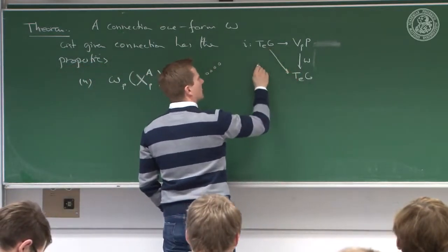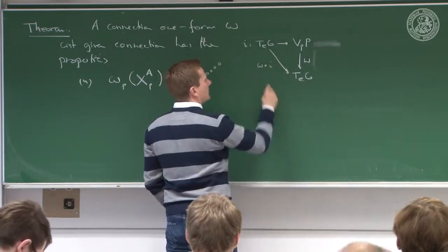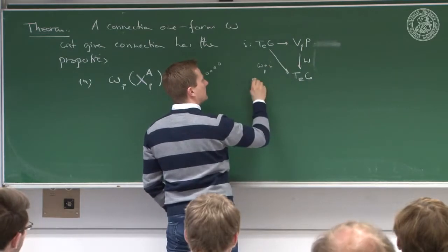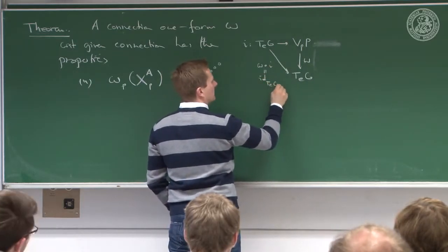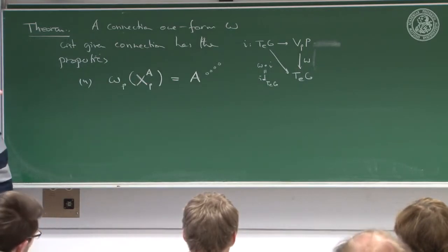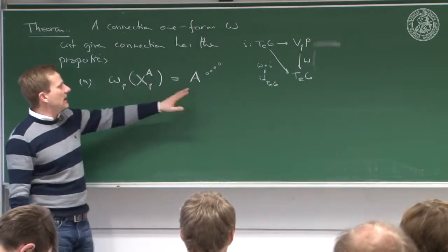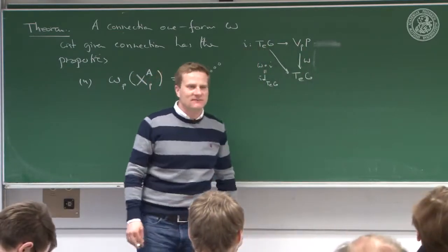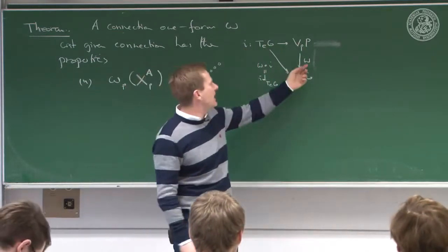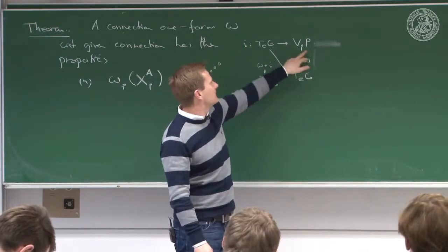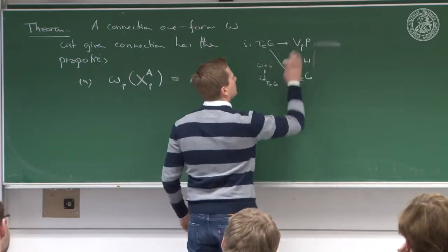So that is omega after I. And this says nothing but omega after I restricted here is the identity on the Lie algebra. So in a sense, applied to this vertical subspace, the omega is the inverse of this I. And of course it is, because we defined omega to be the inverse of the vertical part. Right? And that makes this restriction.